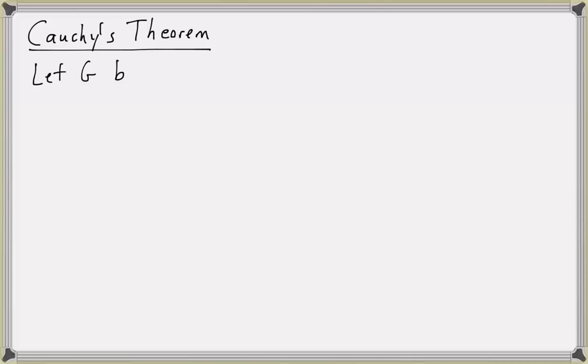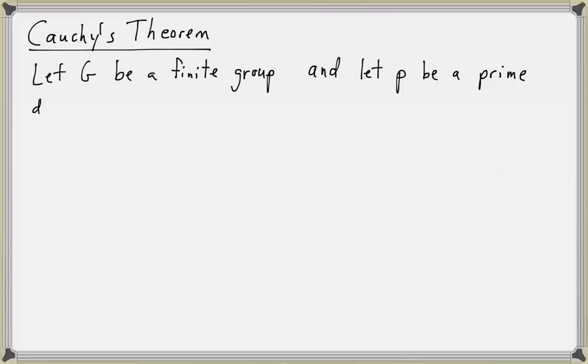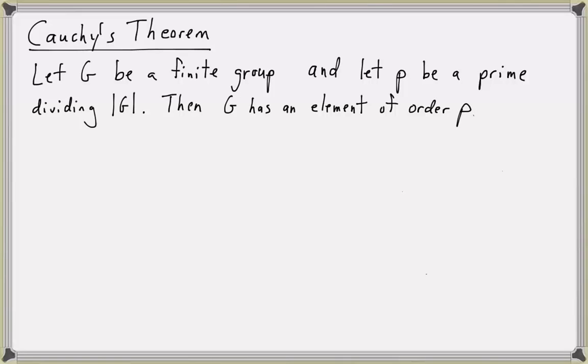So let G be a finite group, and let P be a prime dividing the order of G. Then Cauchy's theorem states that G has an element of order P. So again, we're going to prove this by assuming that Sylow's first theorem is correct.